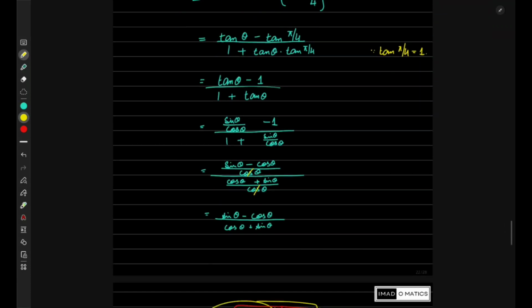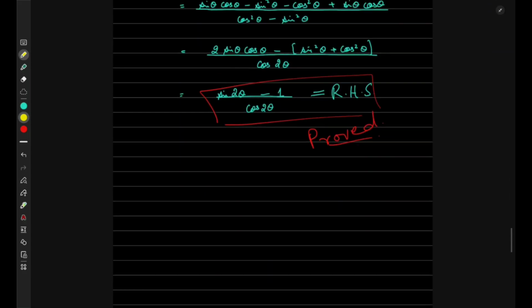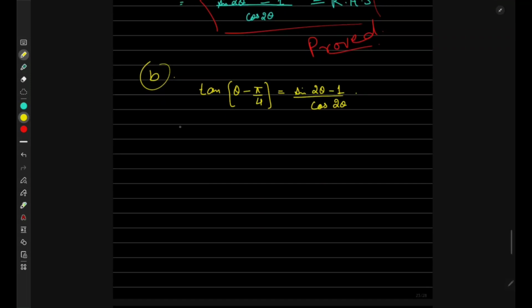Now first I am writing the equation: tan(theta minus pi by 4) is equal to (sin 2 theta minus 1) over cos 2 theta. Now here we have theta equal to x by 2.